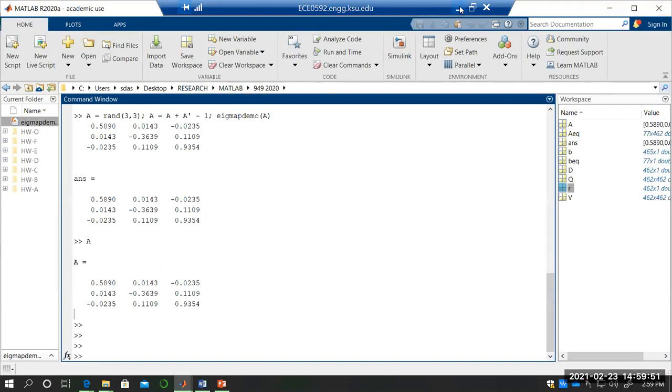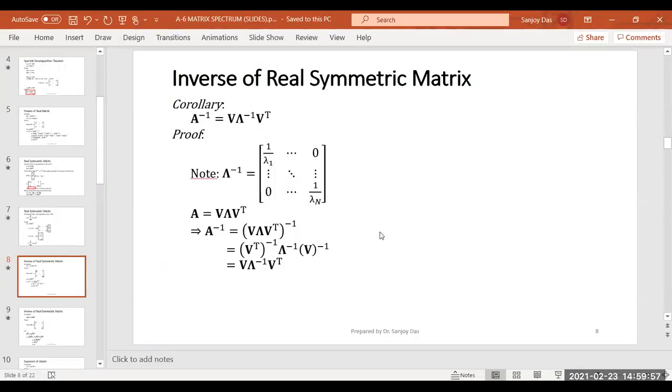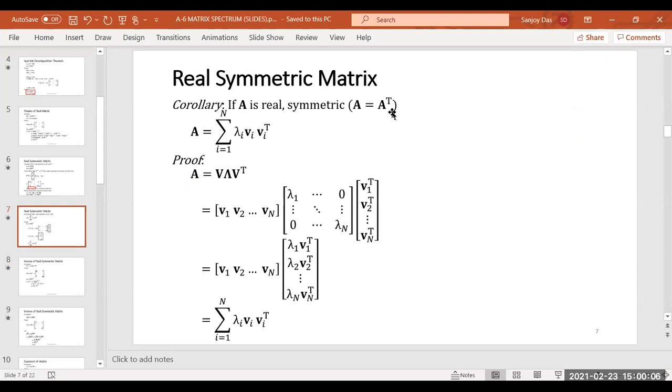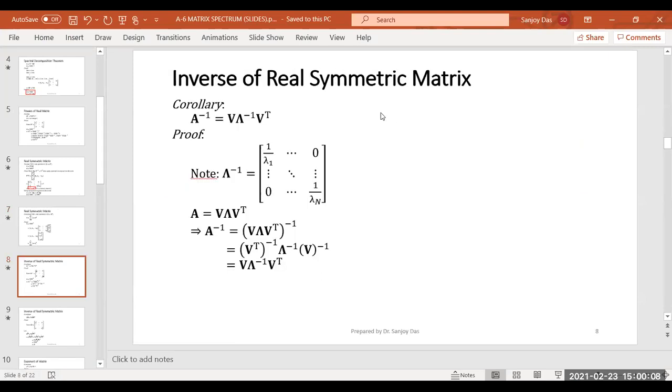Okay? Yes. Now, let's go back to our slide. Inverse of a real symmetric matrix: A inverse is equal to V lambda inverse V transpose.